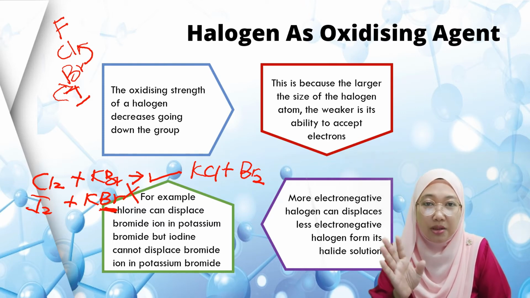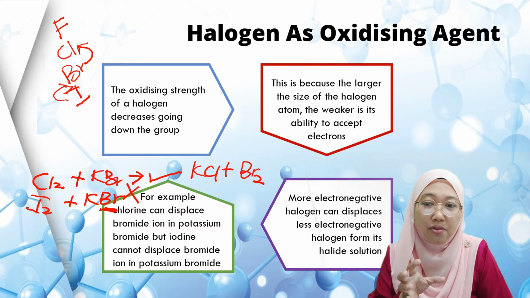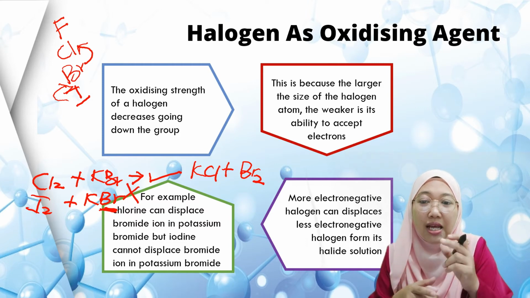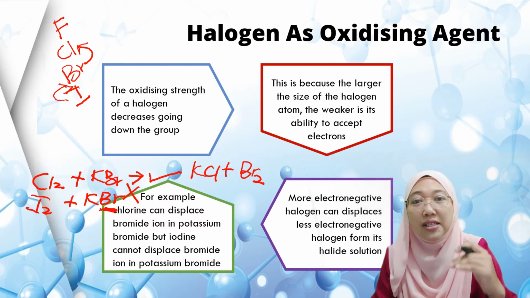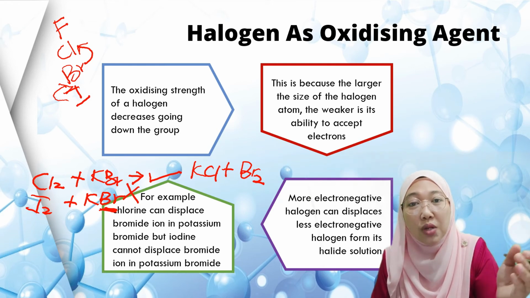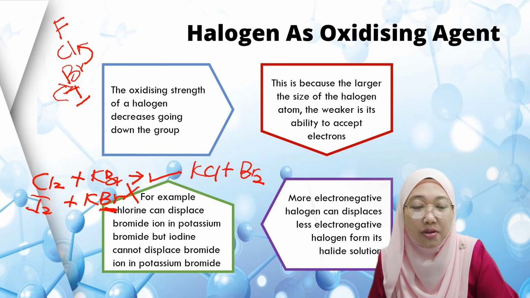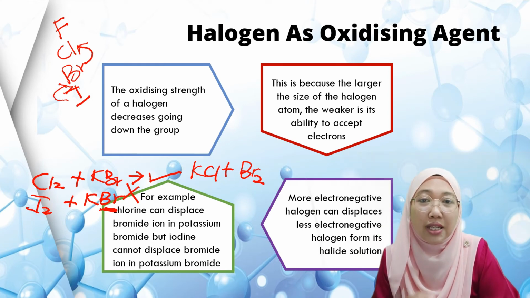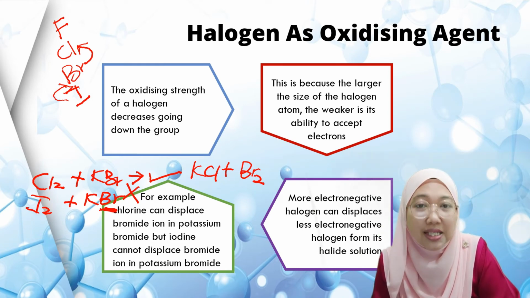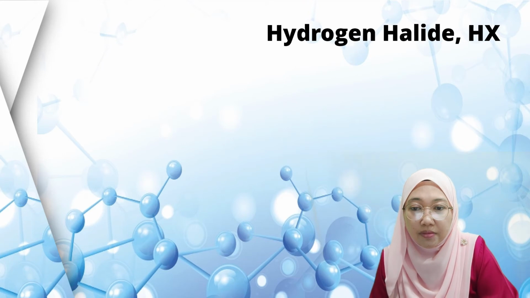Okay, so kita boleh tahu, okay, so daripada sini chlorine, okay, yang di atas, elemen yang di atas is more electronegative than elemen yang di bawah. So bila menuruni kumpulan, dia punya electronegativity decreases. Okay.